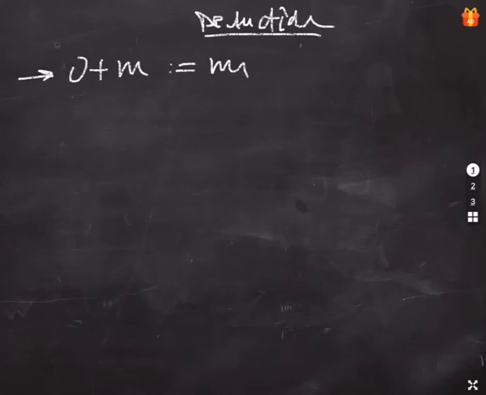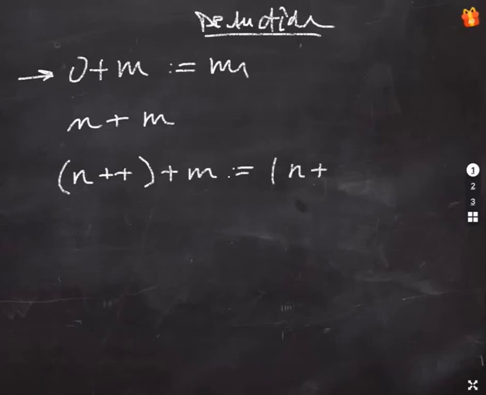I'm going to suppose that we have defined how to add n to m. I'm going to assume that we know how to do this. And then we can add n++ to m by defining that the addition of n++ plus m is (n plus m)++.